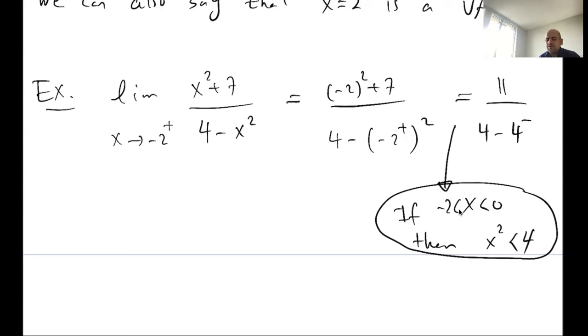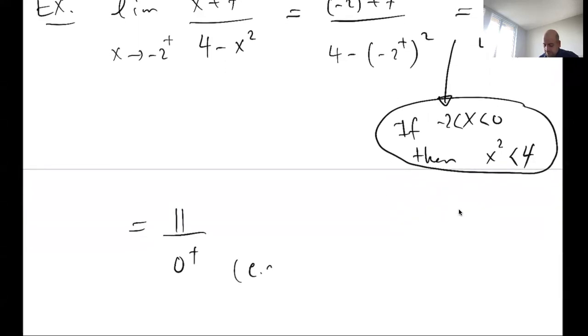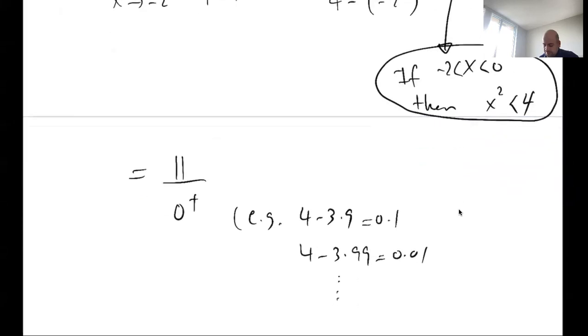Now you have 4 minus a number a little bit less than 4, like 4 minus 3.9 or 4 minus 3.99. The answer will be 0 plus, right? For example, 4 minus 3.9 is 0.1, or 4 minus 3.99 is 0.01, and so on. And 11 over 0 plus will be plus infinity.